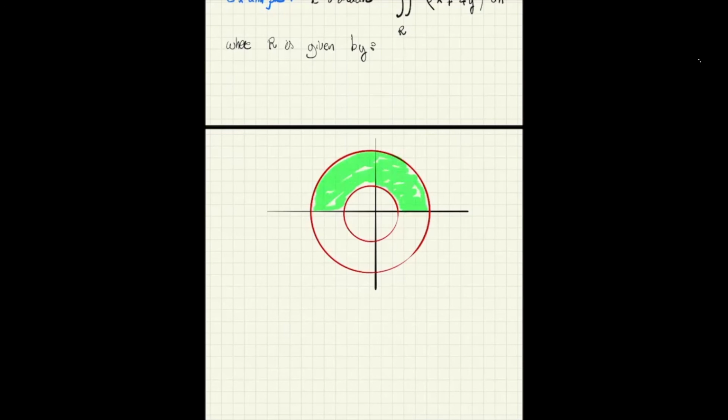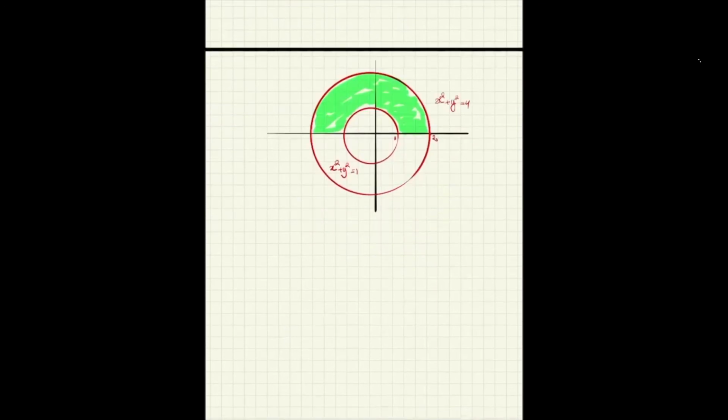This circle here is 1, and then here it's 2. x squared plus y squared is equal to 4, and this is x squared plus y squared equal to 1. So of course, if you think that this is too complicated, then try to do it with region 1 and region 2 with x and y. It's going to take you a little while. Now, try to do it just with the formula I gave you right now.